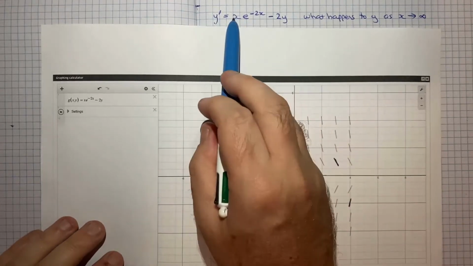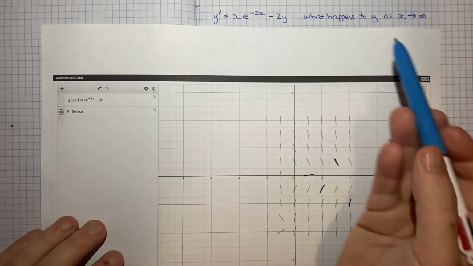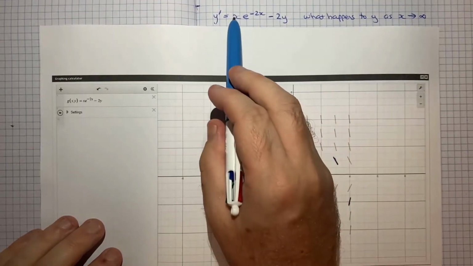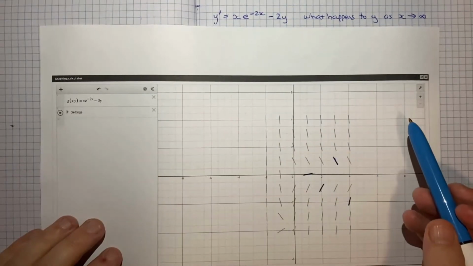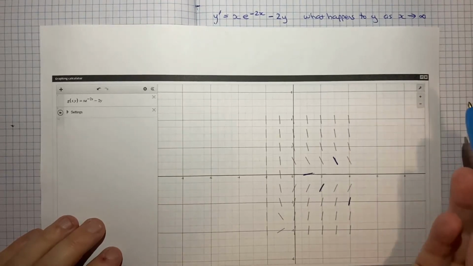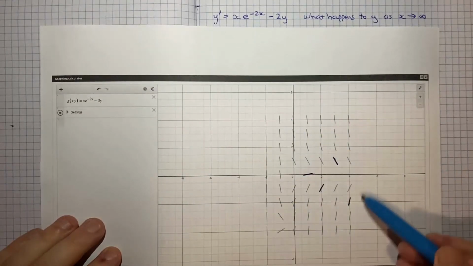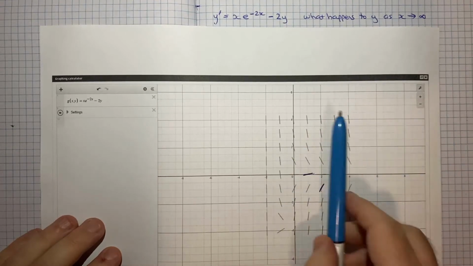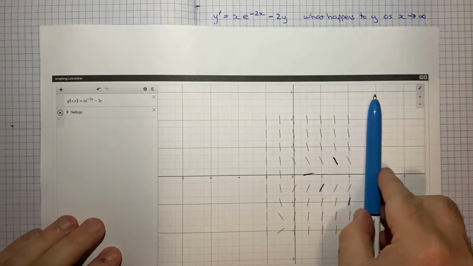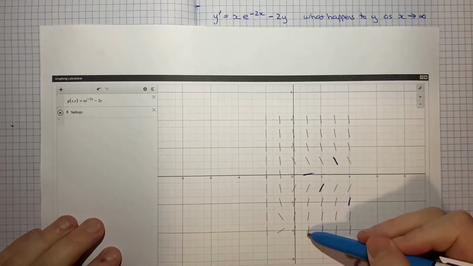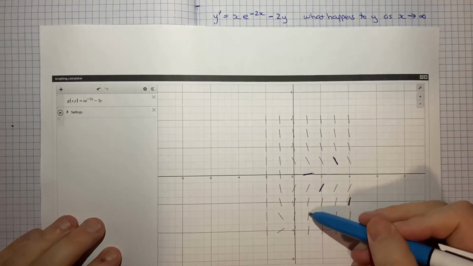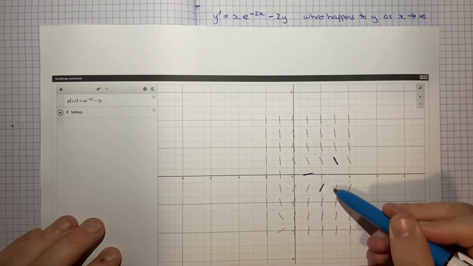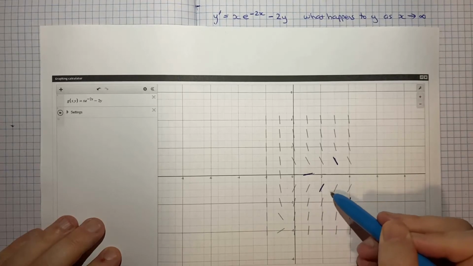It is very simple. You're just plugging numbers into an equation. That equation just happens to be a differential equation, which means you need x's and y's. So from there, let's take a look at the slope field that we've got. If we're concerned with x going to infinity, we can see that coming from this area, the tangents are positive, and then they flatten out as they get closer to 0.